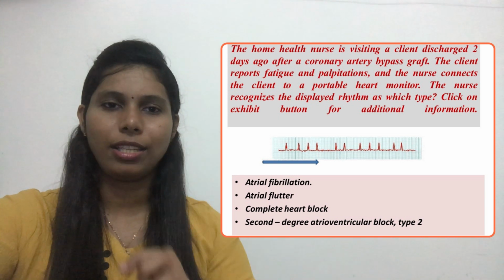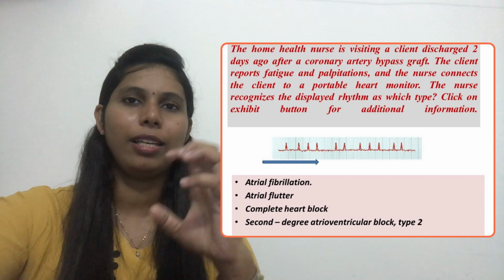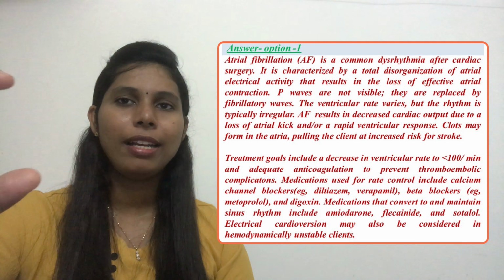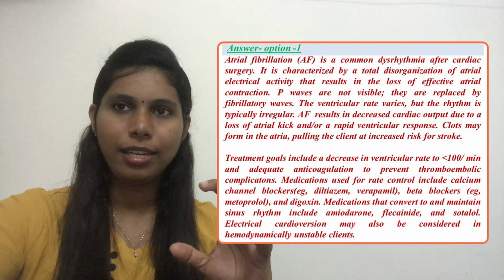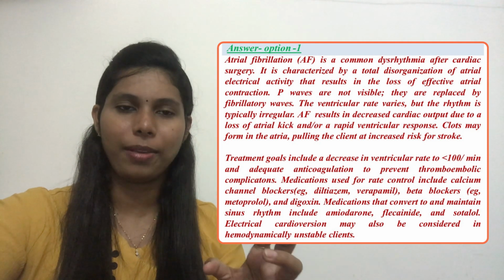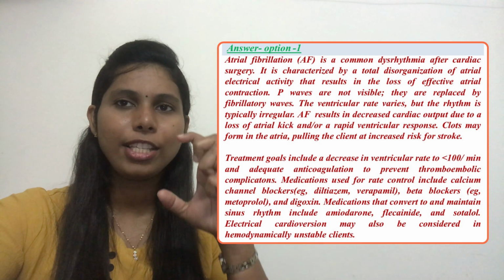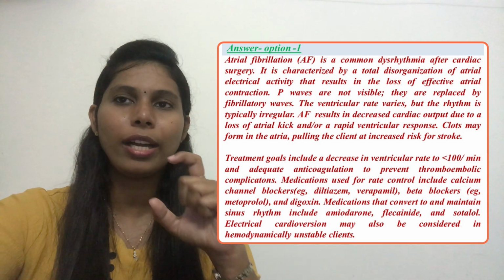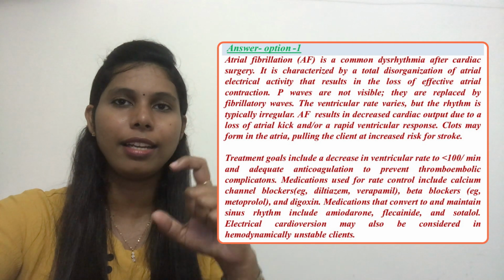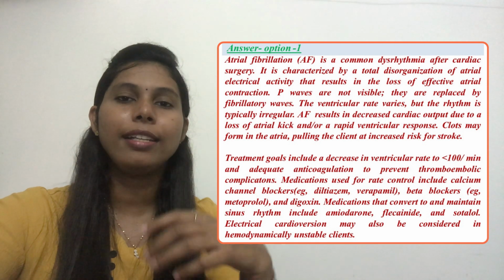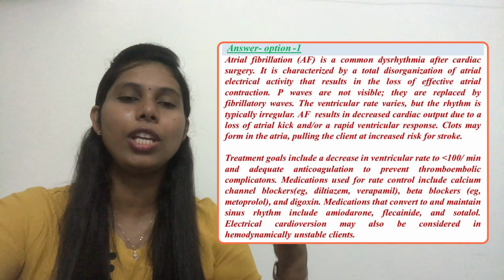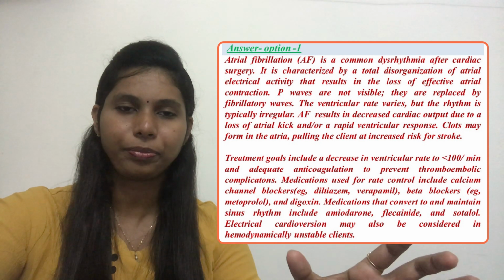We already discussed it, but we'll study it again. Atrial fibrillation is a common dysrhythmia after cardiac surgery. It is characterized by a total disorganization of atrial electrical activity that results in the loss of effective atrial contractions.